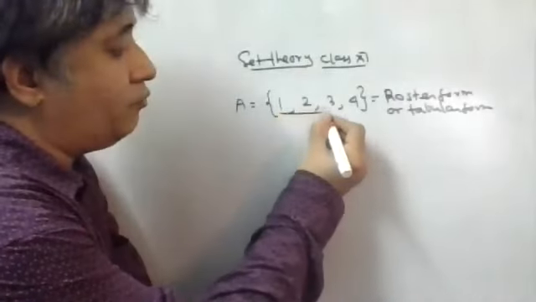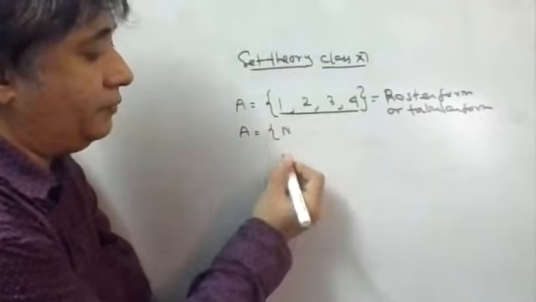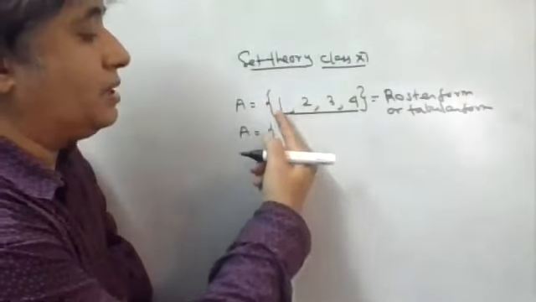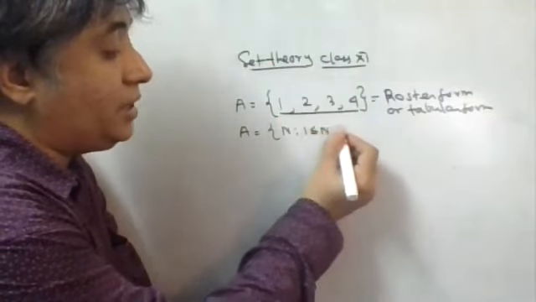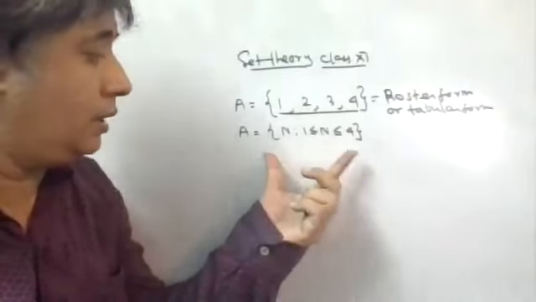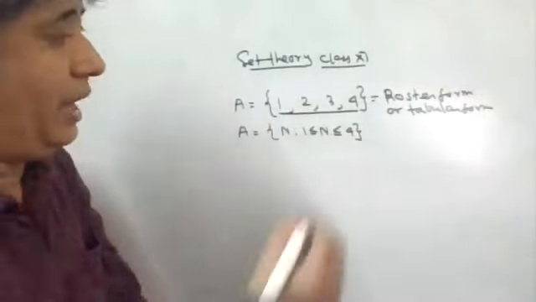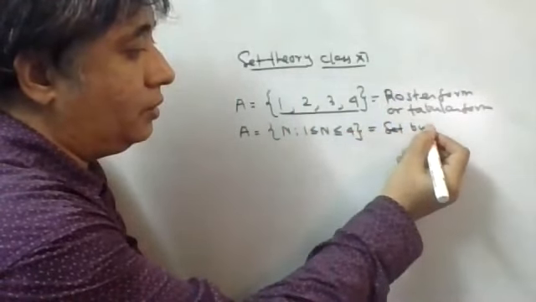Instead of writing these 4 elements, you can write natural numbers, because natural numbers start with 1. What kind of natural numbers? Which lie between 1 to 4. This type of formation of a set is called set builder form.